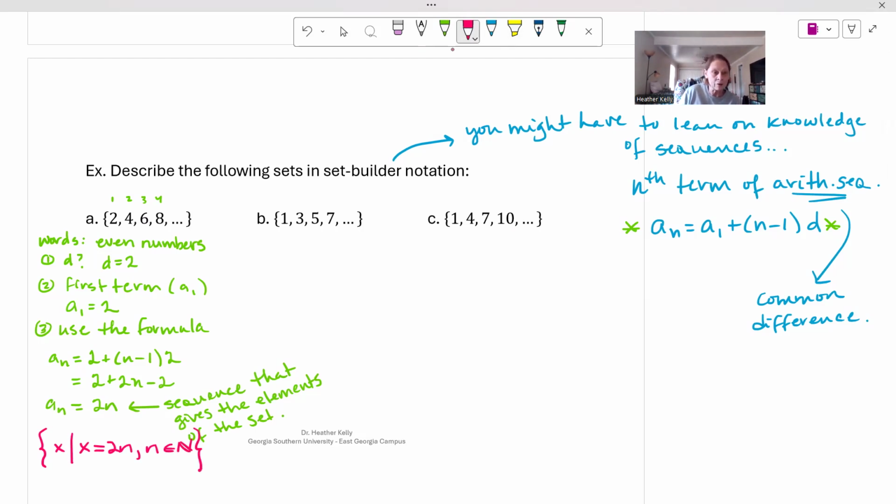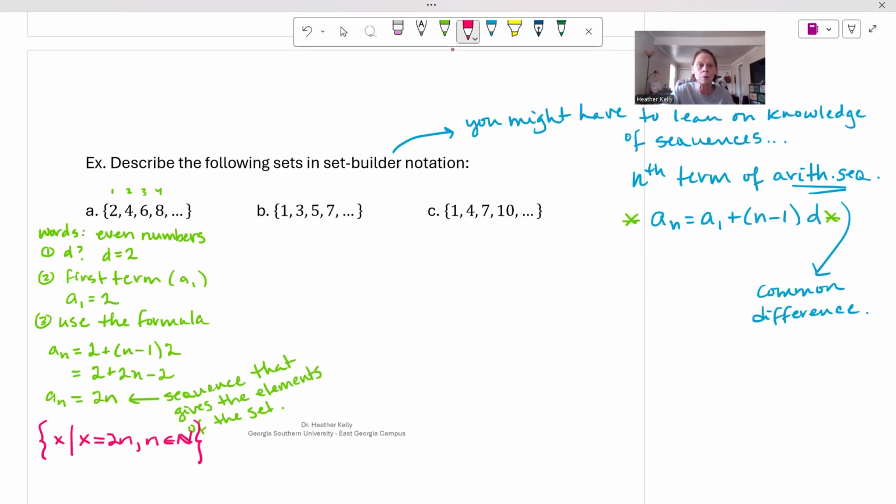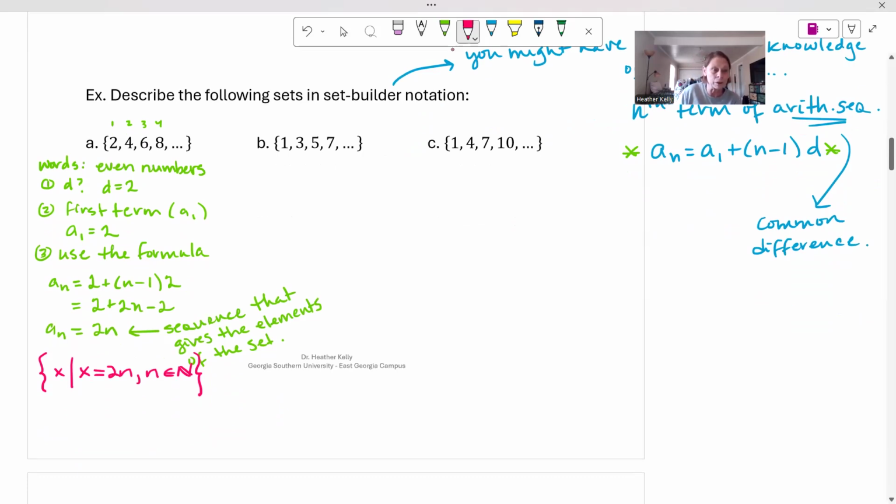Okay, and I'm going to write that out in words so you know what this means, because it'll take a little bit for you to be able to read what that means. So I'm going to write out explicitly the words here, and it's going to be X such that, oops, I forgot my H in my that. Sorry about this. X such that X is equal to 2n and n is an element of the natural numbers.